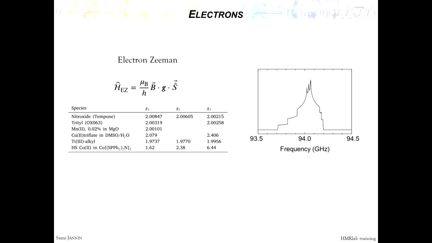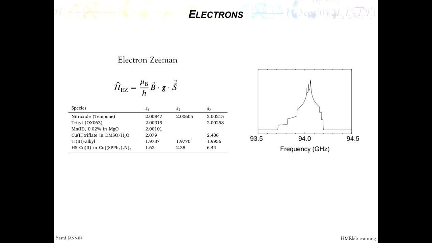On top of that, we have the Zeeman interaction. So this is the interaction between the electron spin and the magnetic field. And again, this is anisotropic. So depending on the direction of the molecule with respect to the field, it has different values. So altogether, if you are in a glass with hyperfine coupling that is anisotropic and g anisotropy, so anisotropy of the Zeeman interaction, you end up with this kind of shape for TEMPO.